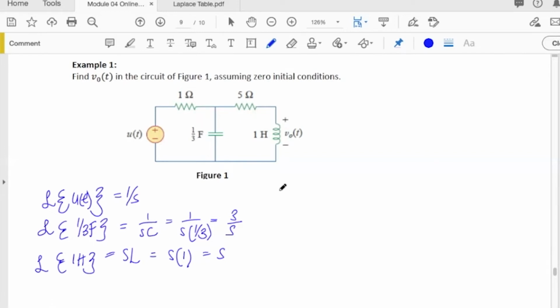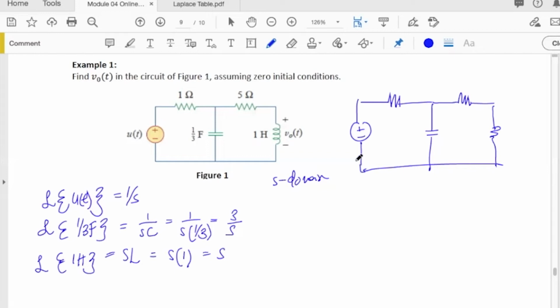If you redraw the circuit in the S domain, you will have the voltage as 1 over S, the capacitor as 3 over S, the inductor as S, and the resistor values remain the same.